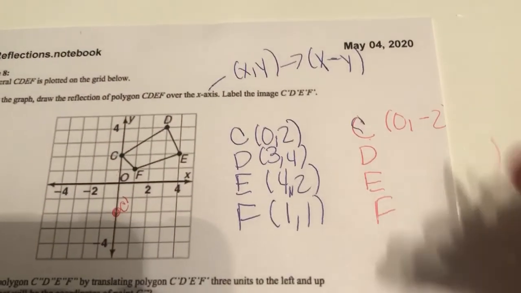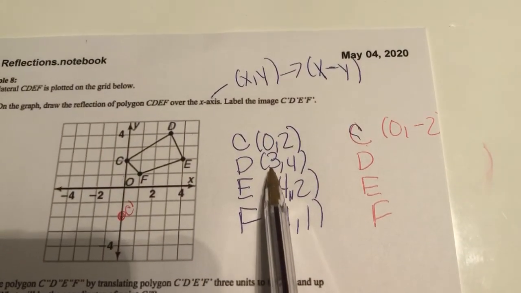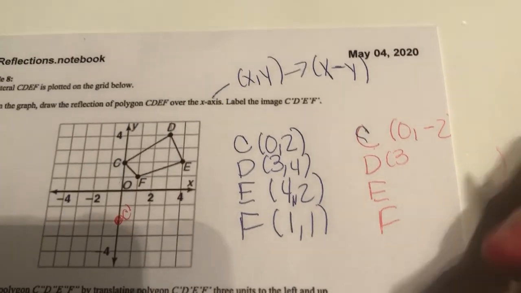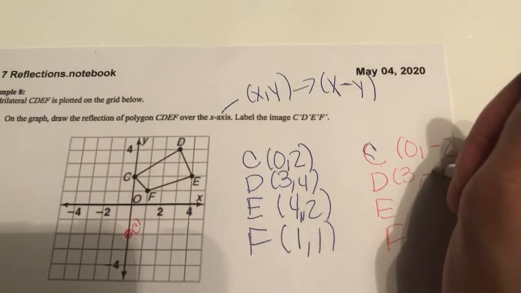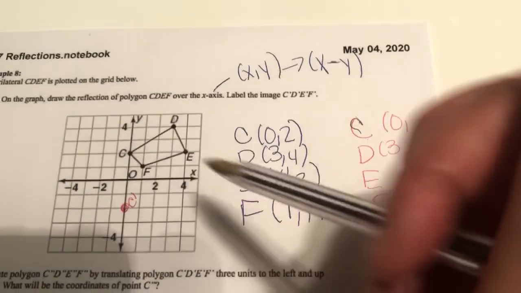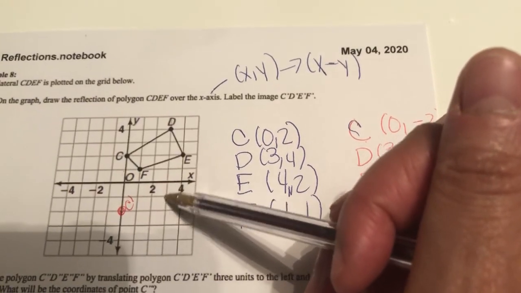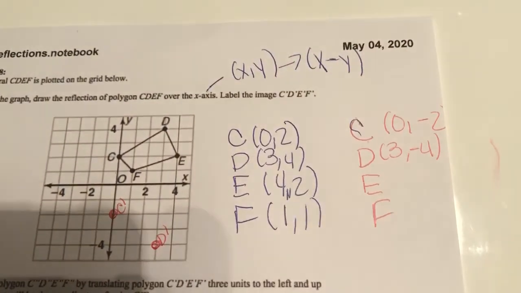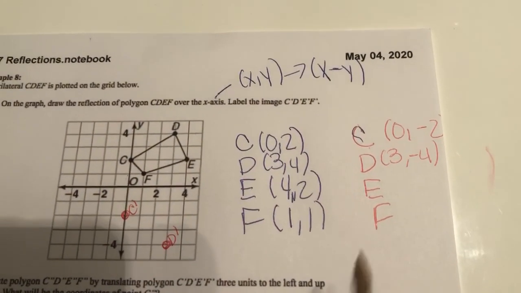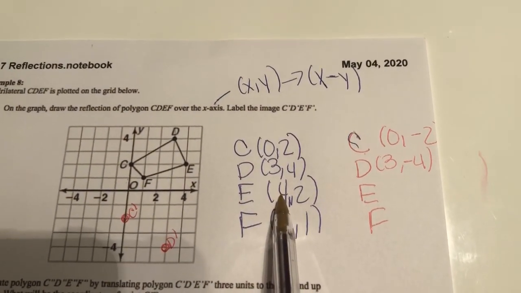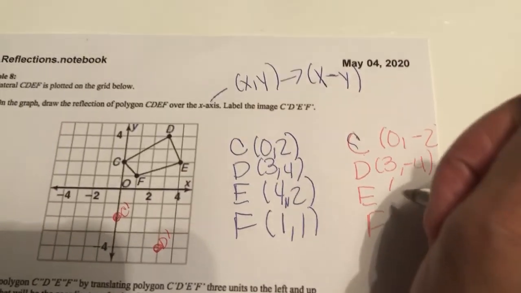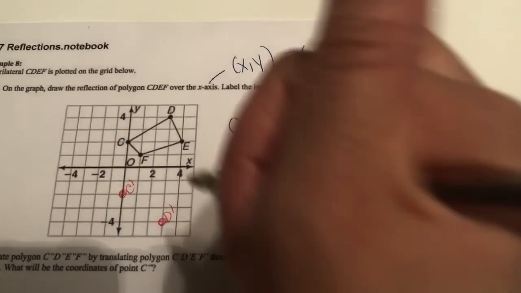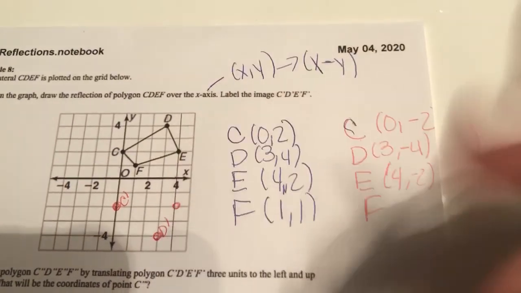That's C prime. My D prime: x stays the same, 3, and y is the opposite, -4. So I go to 3 and go down to -4. That's my D prime. E prime, x stays the same, y is the opposite, so I go to 4 and go down to -2.